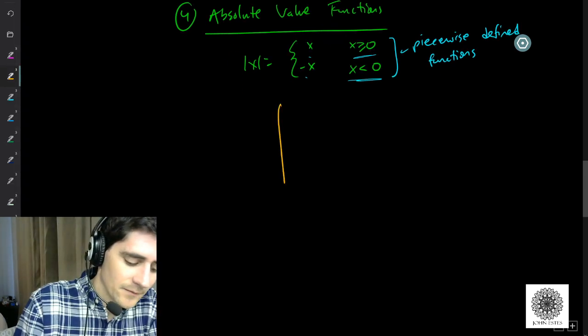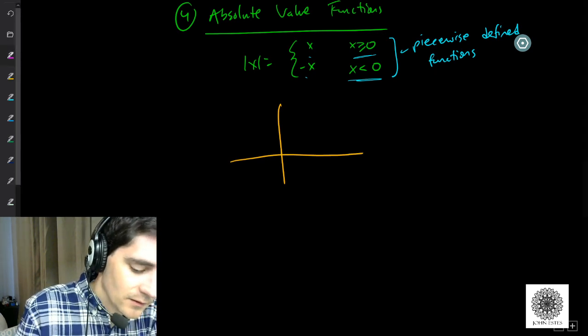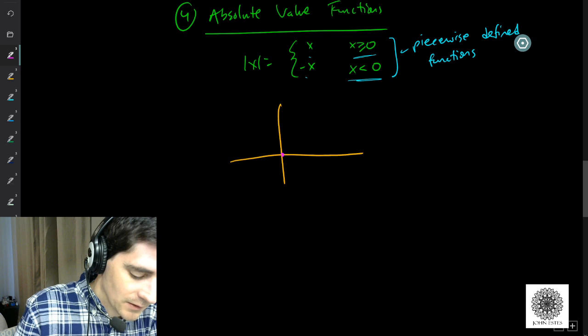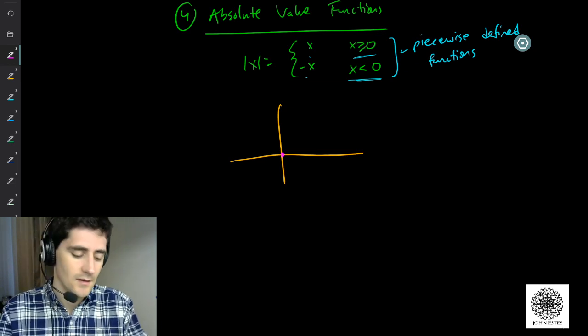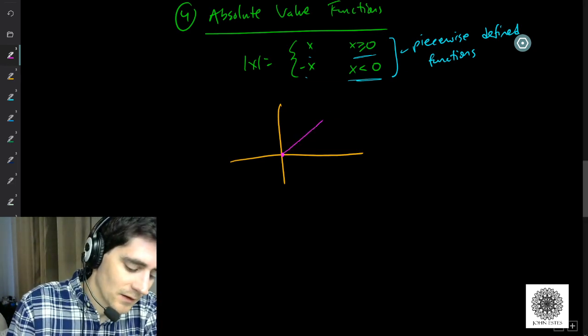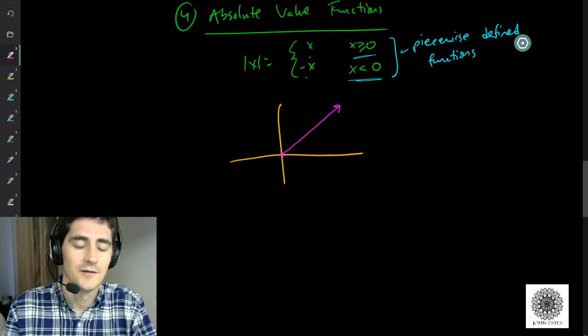So the graph looks something like this. The absolute value of x is 0 at 0. For the positive values, it just looks like y equals x. What kind of graph is y equals x? It's a straight line with slope 1 and a y-intercept at 0, right?